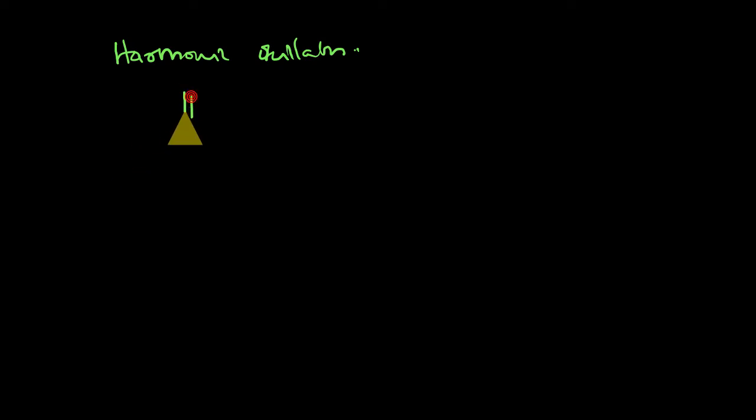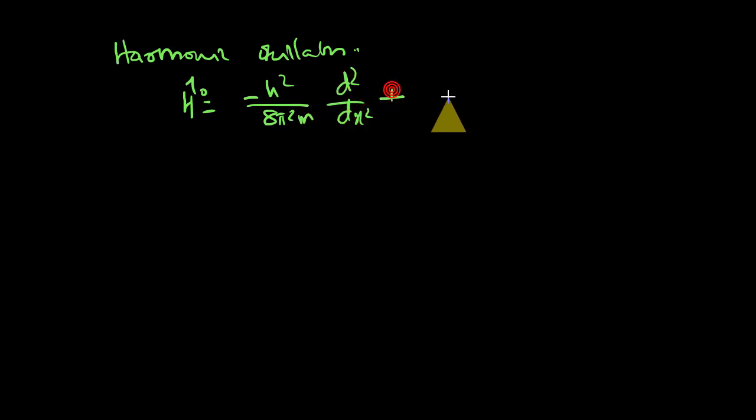We already know that the Hamiltonian h cap 0 is equal to minus h square divided by 8 pi square m d square by dx square plus the potential energy, that is half kx square, right? That is the Hamiltonian for the harmonic oscillator.